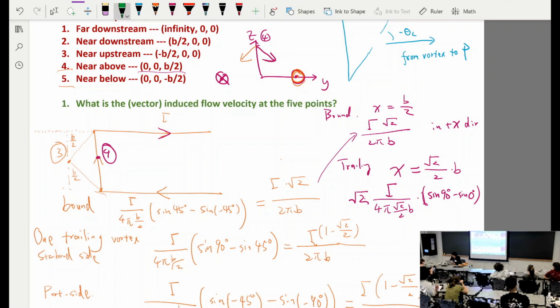So the combination is, since this is a square, square root of 2 times the strength of each one of these velocities. Are we good? Okay. Point 5, you can do similarly.